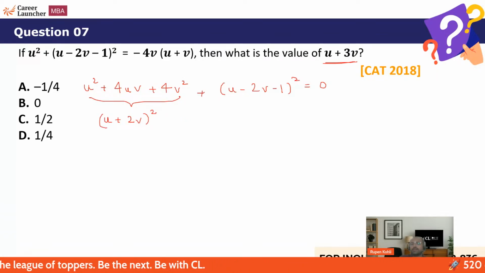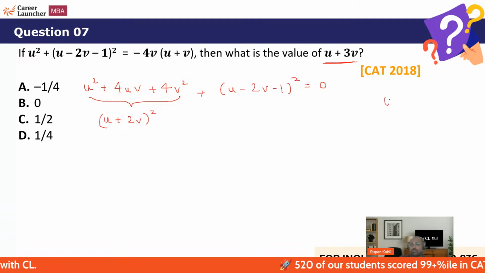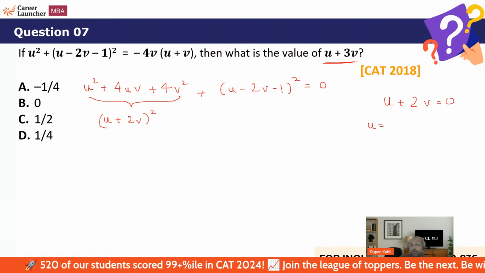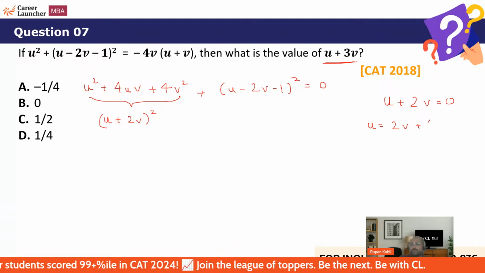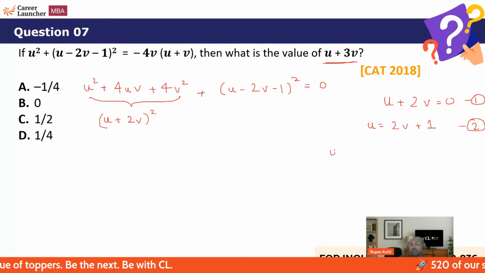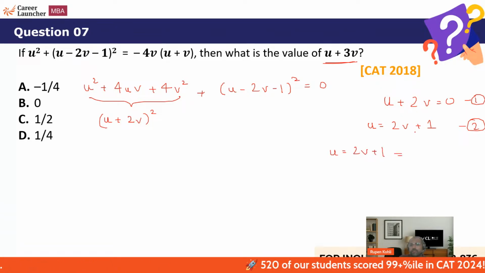So in a single line, it can be seen as a sum of two perfect squares. So therefore, both of these should be 0, which is u plus 2v should be 0, as well as u minus 2v minus 1 should be 0, or u equals 2v plus 1. Just solve these simple equations, first and second, and you can then answer the question. So u equals 2v plus 1 from the second equation, which also equals minus 2v from the first equation.